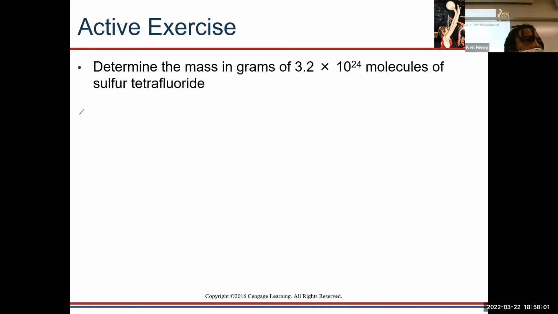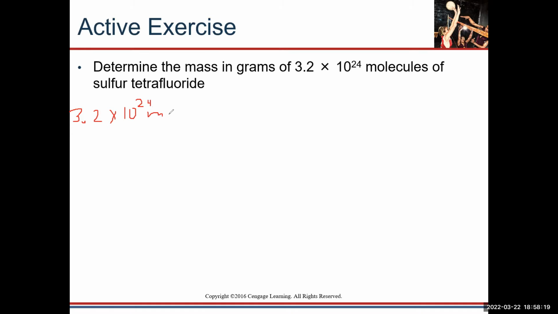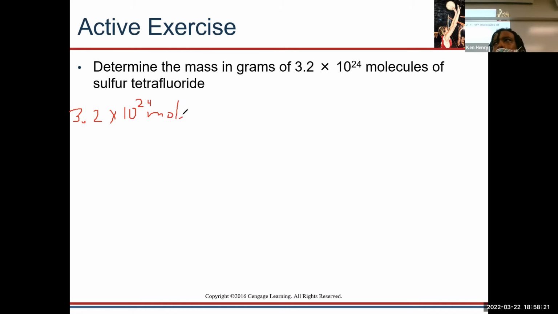Where am I going to start? My given. So 3.02 times 10 to the 24th, and that's molecules of what? What is the chemical formula for sulfur tetrafluoride?